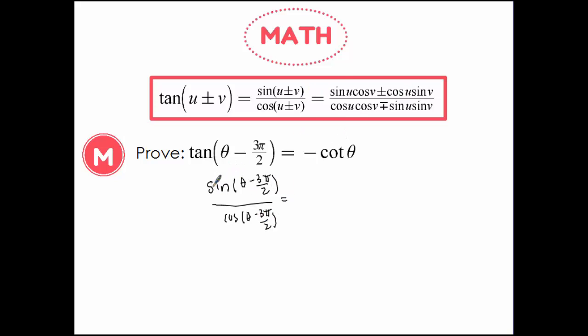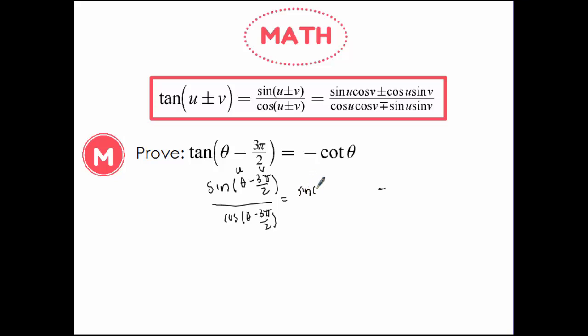So on the top we're going to expand with sine. If it's subtraction, remember for sine, the signs stay the same, so we know we're going to be subtracting. Don't be tempted to take the sign of negative 3 pi halves with you. You just take the value. So you take your u value, which is theta, and your v value, which is 3 pi halves. Do not treat it like a negative. And then we start expanding it.